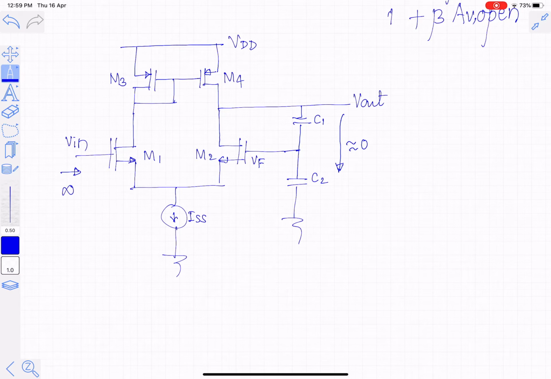In case of an ideal network, we can calculate the loop gain by breaking the loop and applying a test voltage, finding out the receiving voltage at the other end of the breakpoint, and finding VR divided by VT to get the loop gain.